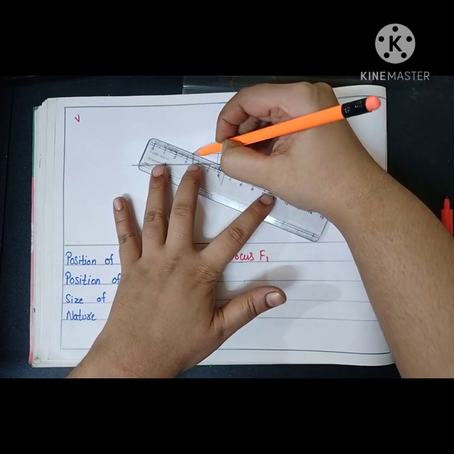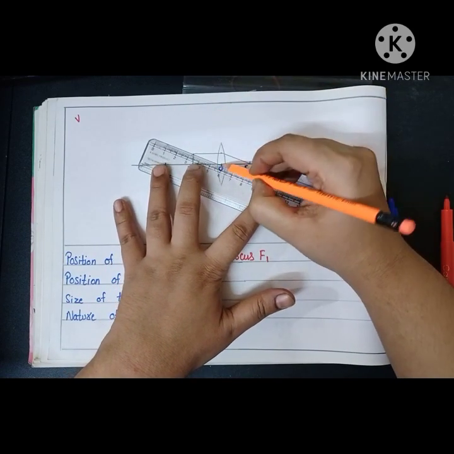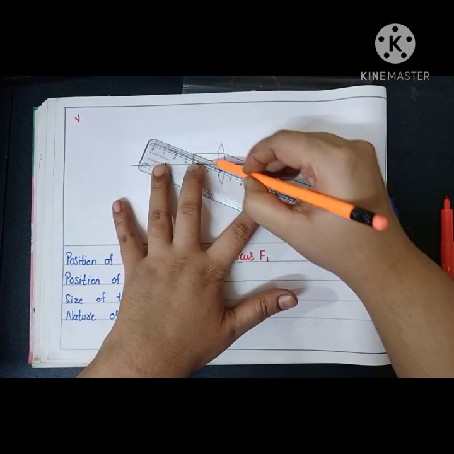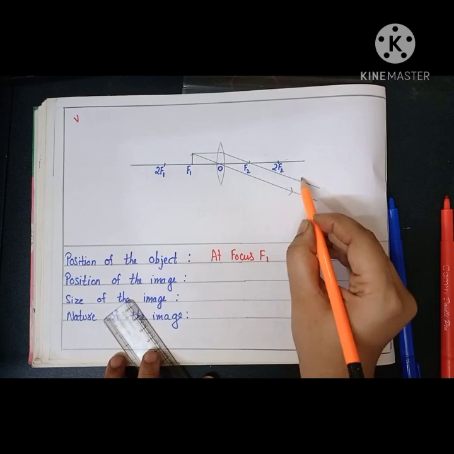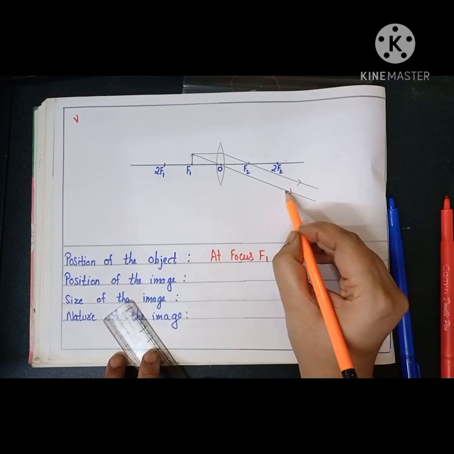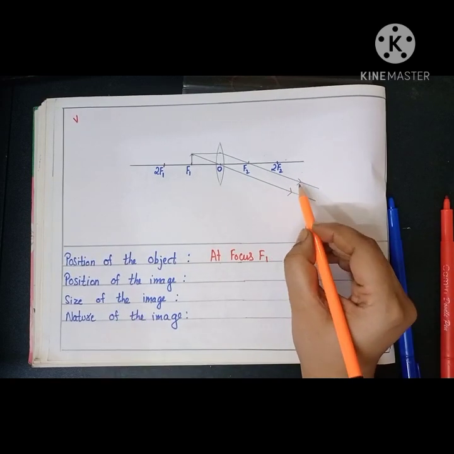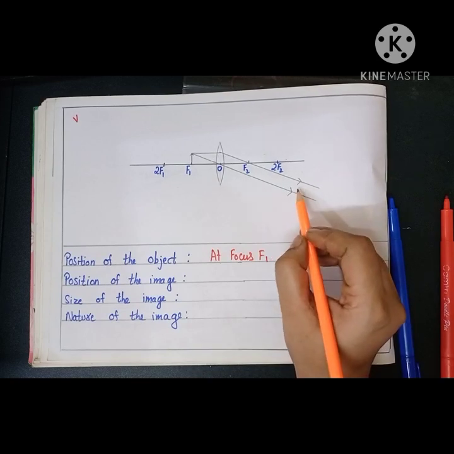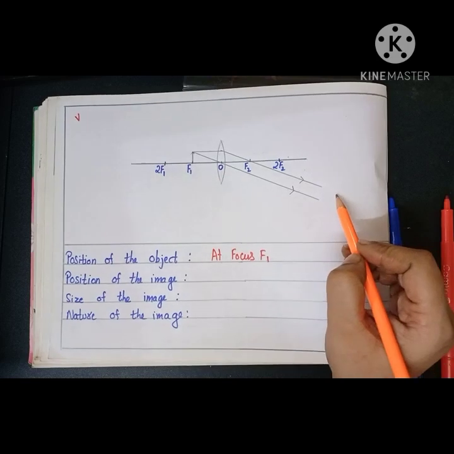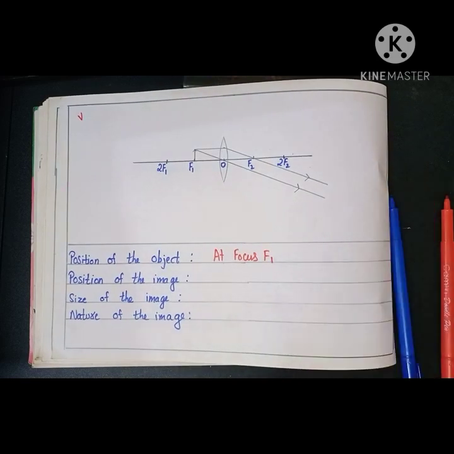Now incident ray is passing through optical center. Student, when you will observe these both the rays, refracted rays are parallel to each other, they do not meet each other. So the image formed is at infinite distance.